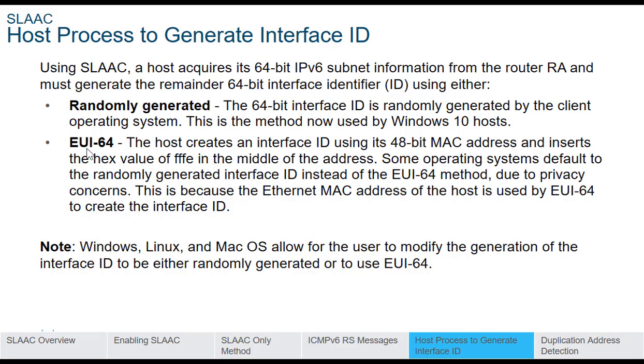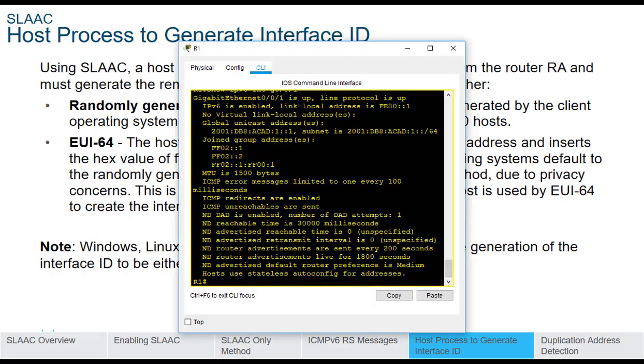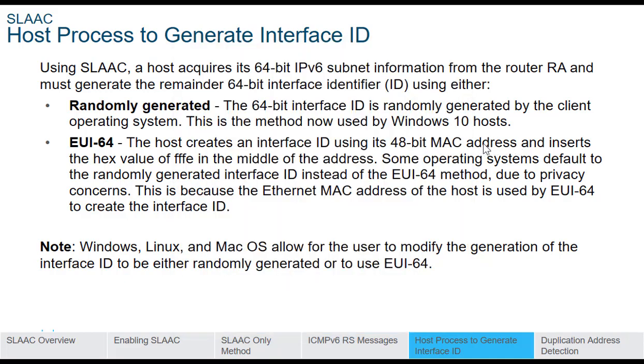That's what it means. The first 64 bits, as you can see here, that's the network. Okay, the rest is for the EUI. So the host itself, the operating system, will randomly generate that.